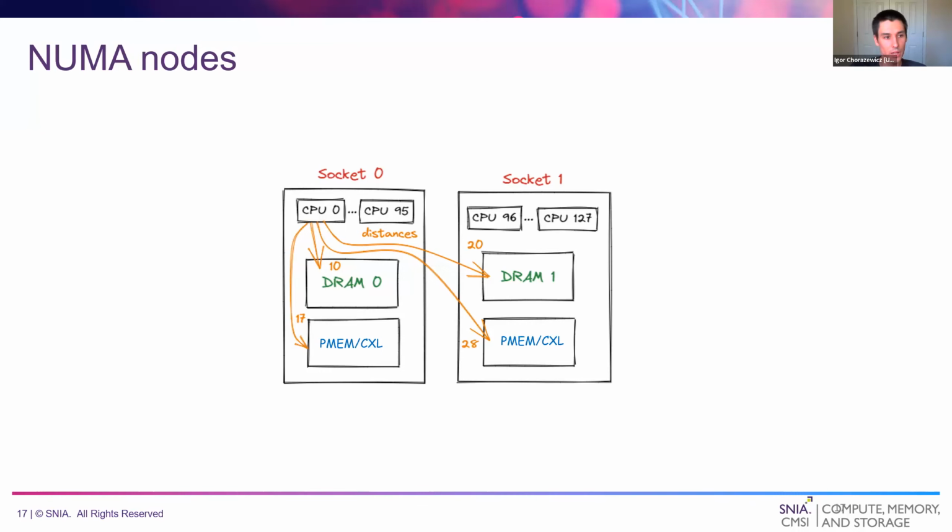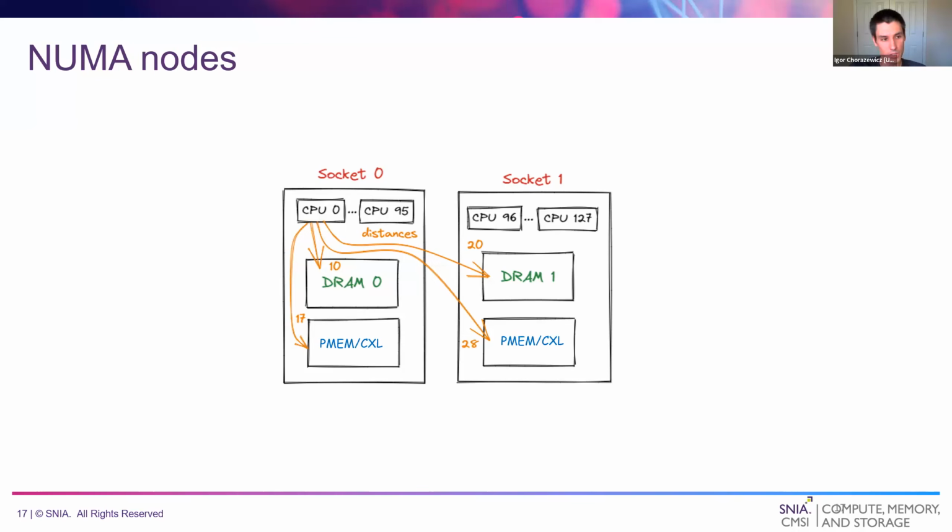In this example, I basically showed that we might have a two-socket machine with some amount of CPUs on each socket, with local DRAM for each socket, and PMEM or CXL memory attached to each socket. So in this case, we would probably have 4 different NUMA nodes.